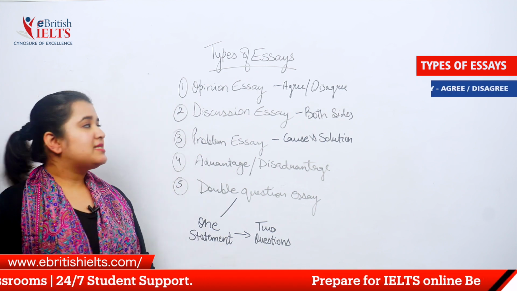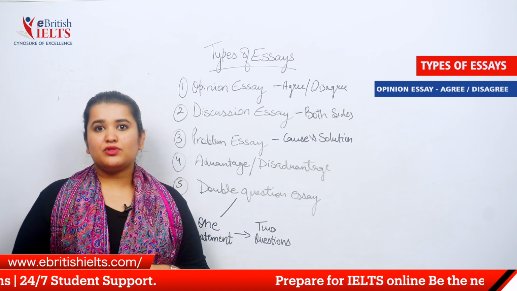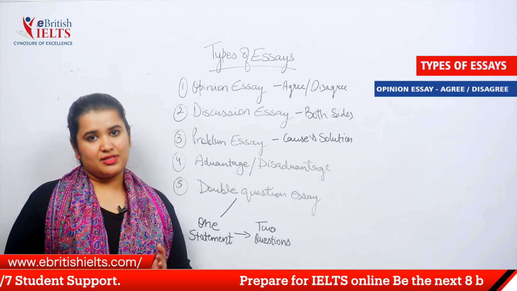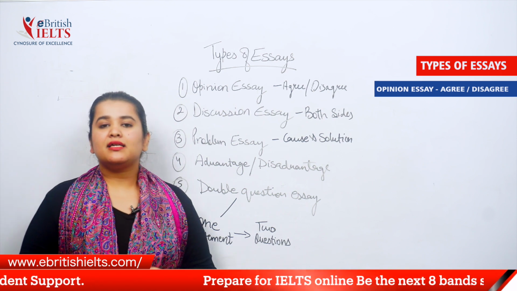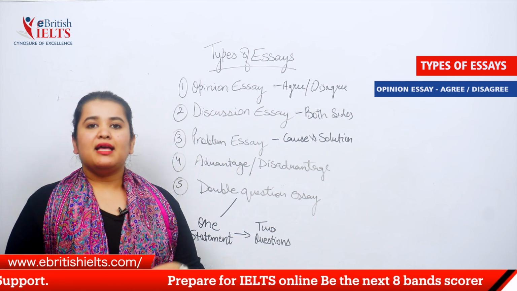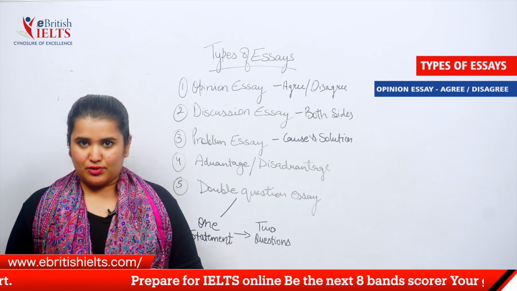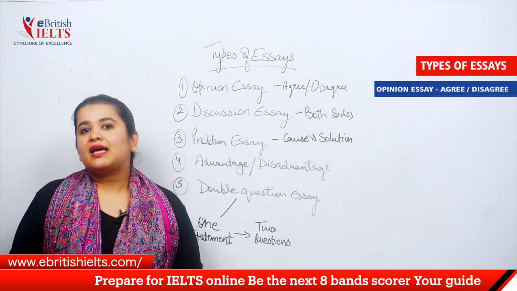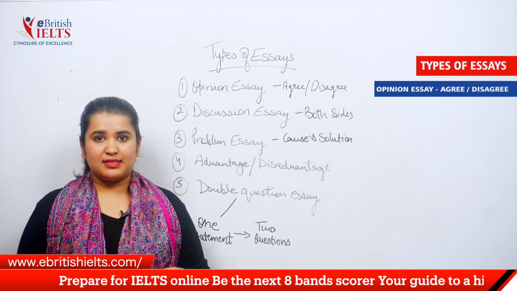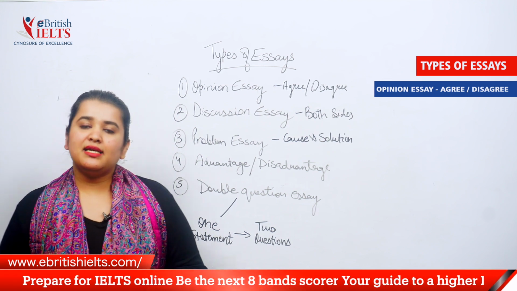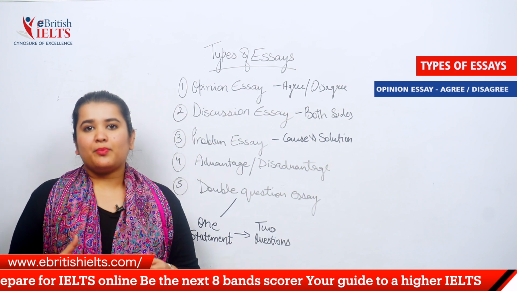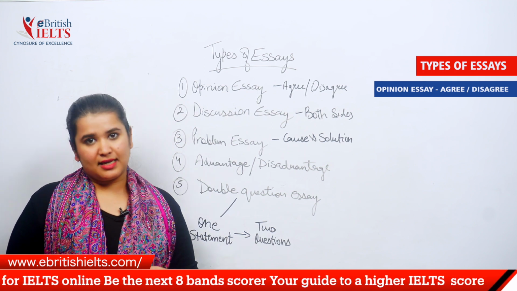So the first type is the opinion essay, which is also called the agree or disagree essay. Here you will be given a statement and you will have to agree or disagree with the notion. Now, how are you going to decide if you want to agree or disagree? So this depends completely upon the amount of ideas and points that you have.